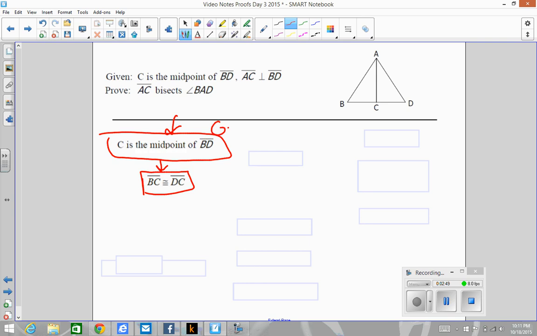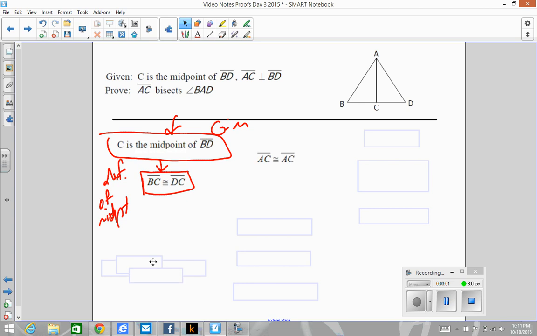So this was given. This is definition of a midpoint. Sorry, my handwriting's a little rough. Okay. And we have our reflexive property, in case you didn't put that information here earlier. This is what we have.